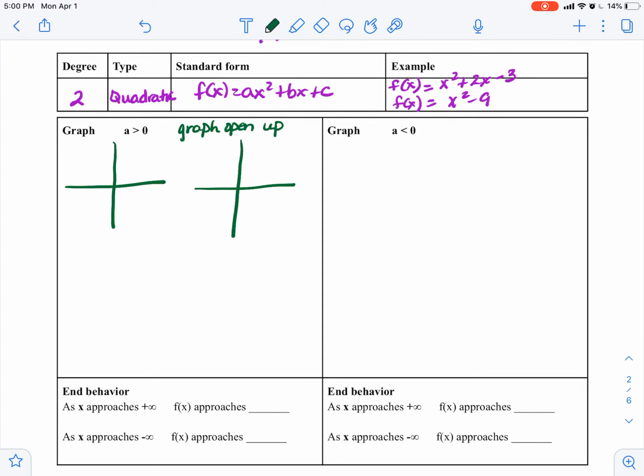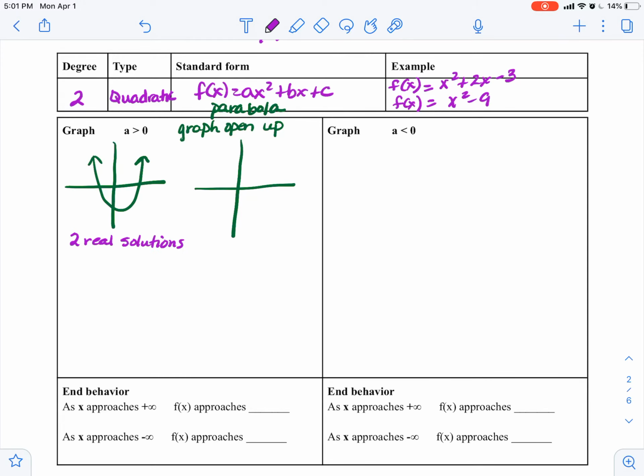And we should know that the graph is a parabola. Now, what could it look like? I'm going to give you some examples. One is it could be opening up, looking something like this. And we would say that this one has 2 real solutions.